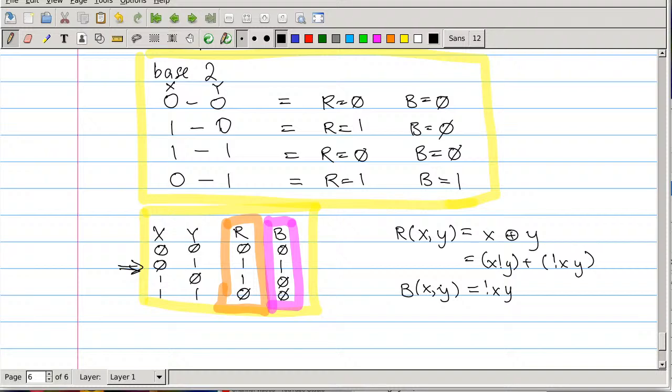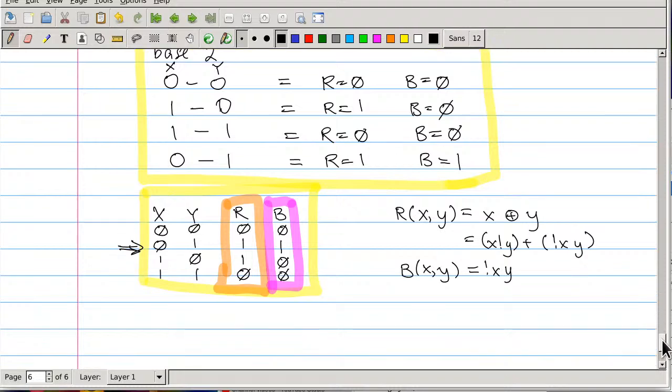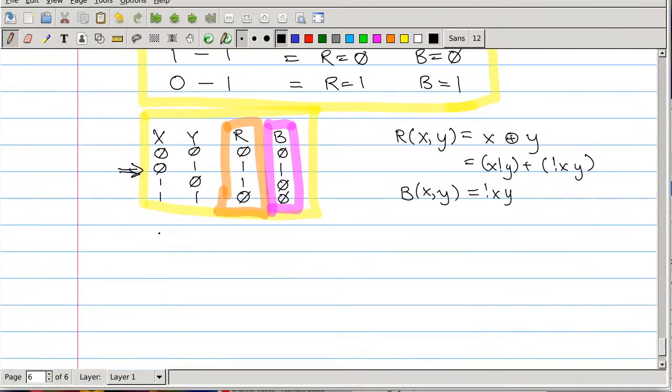All right. So to walk through the truth table for the borrow, you can do this. You can say xy: 0 0, 0 1, 1 0, 1 1, and then we have the borrow, which is not x and y.